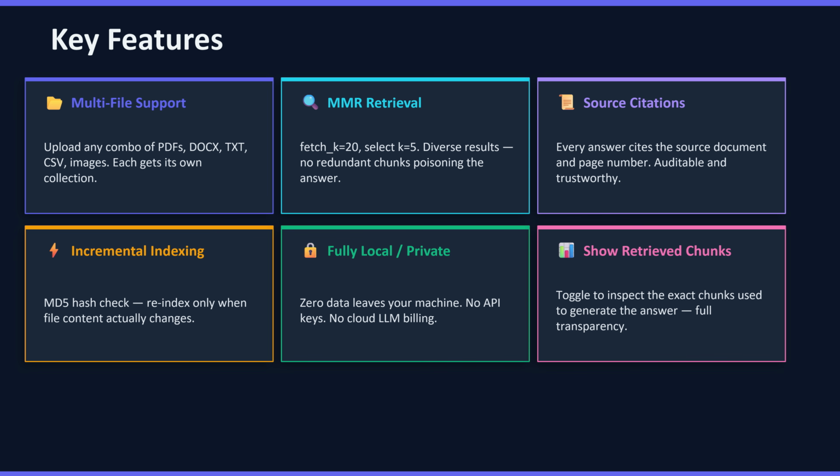We compute an MD5 hash of each uploaded file. If the hash matches an existing ChromaDB collection, we skip re-indexing. Only if the file has actually changed do we re-embed and restore. This means uploading the same document twice has zero computational cost.